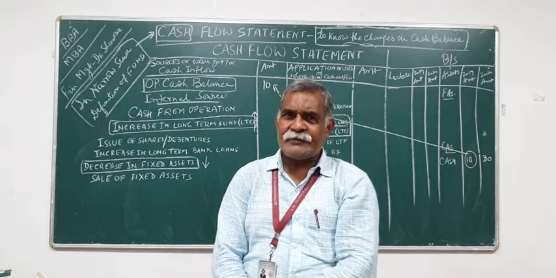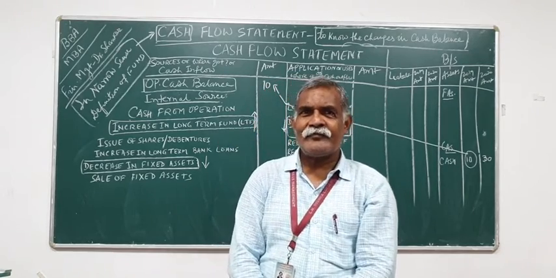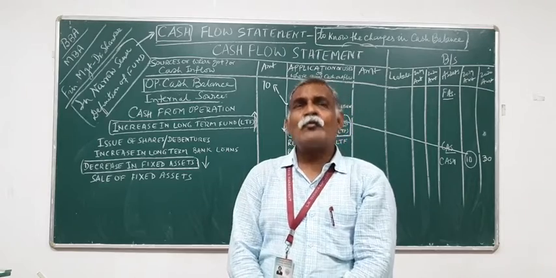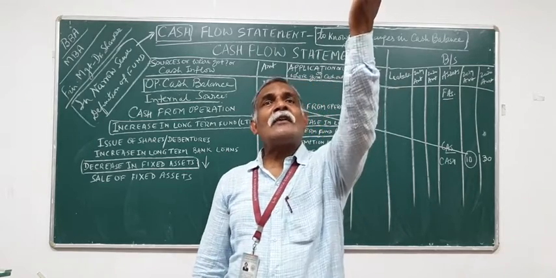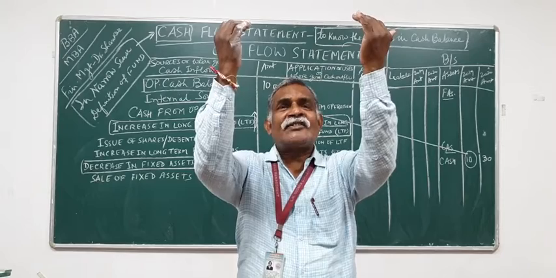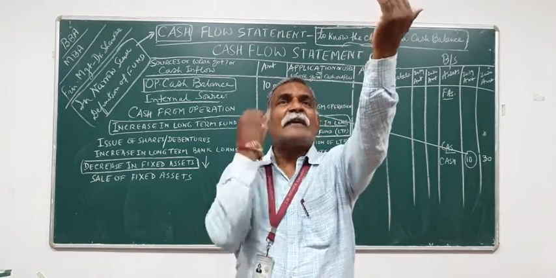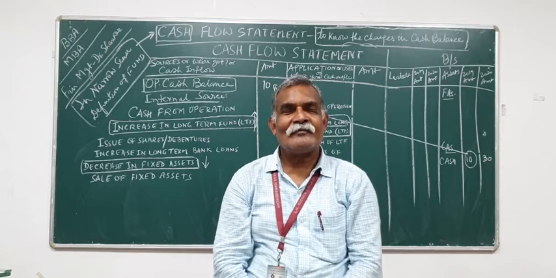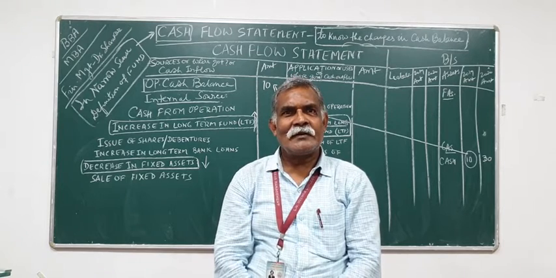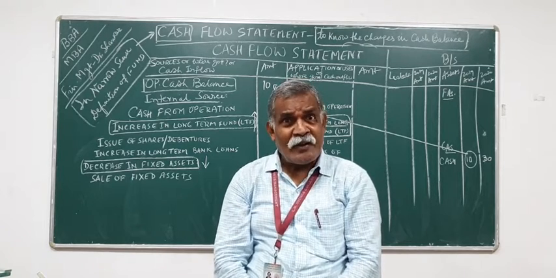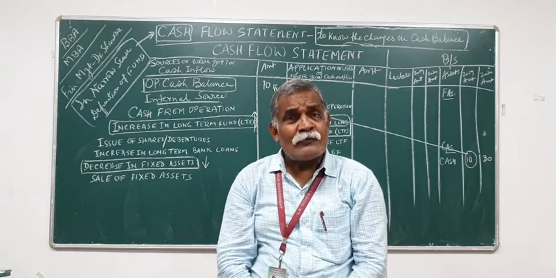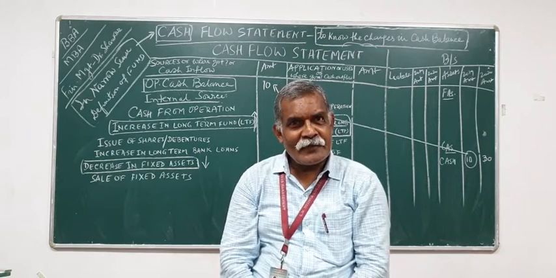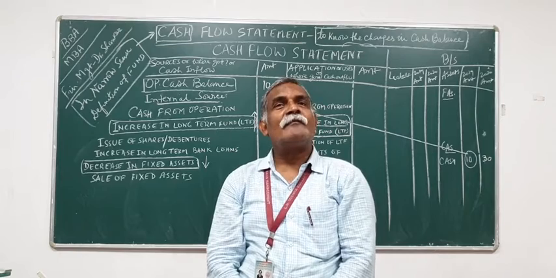There are only two changes, increase or decrease. So what do you think? Increase in long-term fund will increase cash, will become source, or decrease in long-term fund will become source, or increase in long-term?